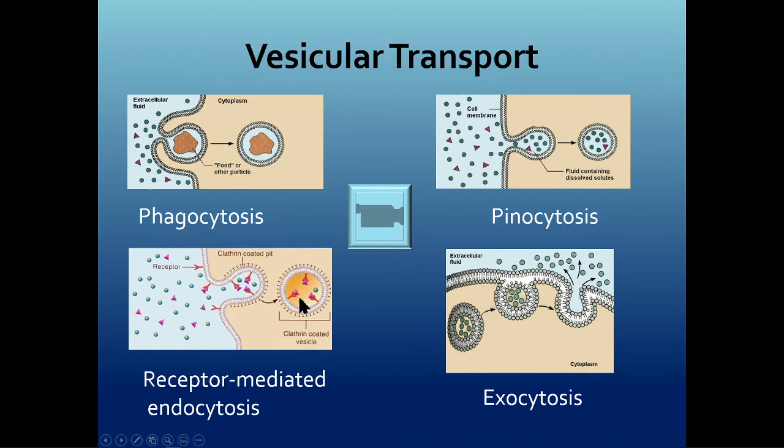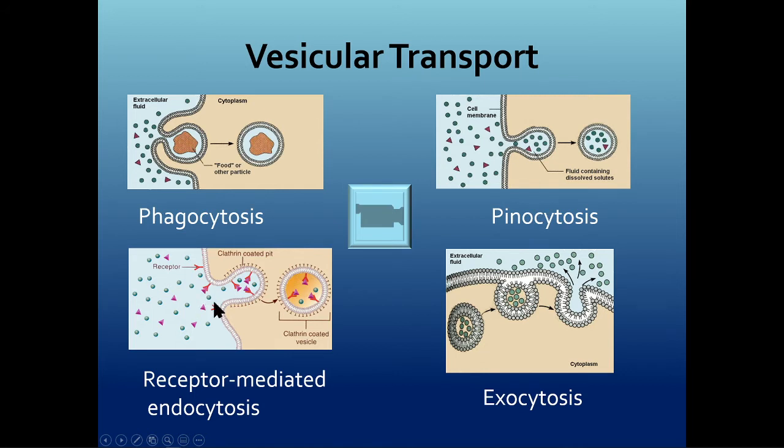And then sometimes we have these two other things going on, and that's receptor-mediated endocytosis. In order to make this process happen, certain proteins have to land onto these receptors.